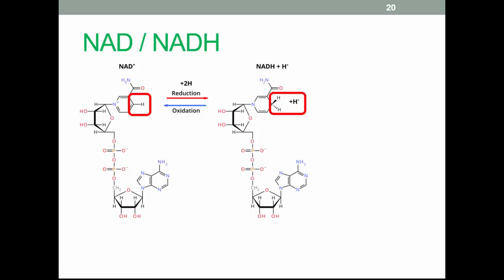So over here we have NAD+, and over here we have NADH, which has gained an extra hydrogen atom. For simplicity's sake, the reaction is almost always written in this form. We've ignored most of the molecule and just concentrated on what changes. Conversely, if NADH loses hydrogen, it is oxidized back to NAD+.